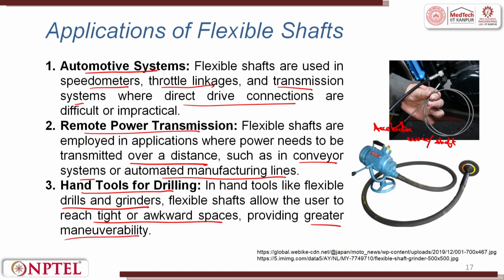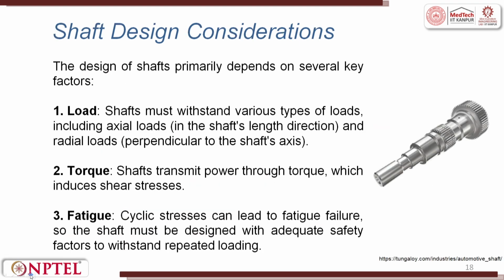Let us see design considerations in shaft. Like we talked about the strength, the load that a shaft could withstand is a consideration. Shafts must withstand various types of load. For example, axial loads in the shaft's length direction and radial loads perpendicular to the shaft axis.